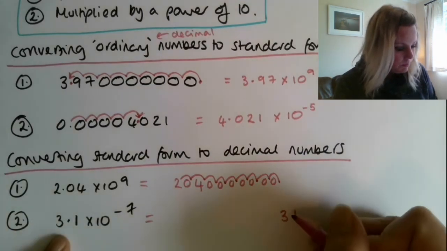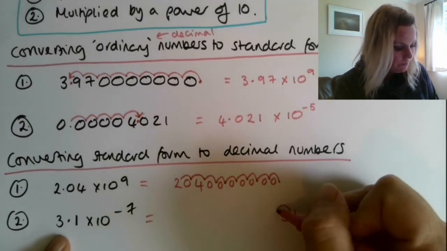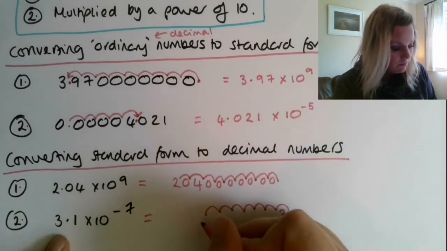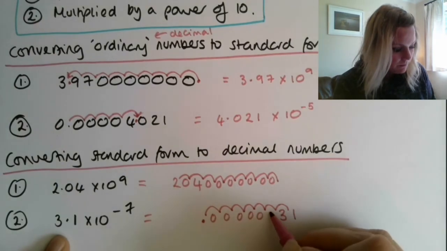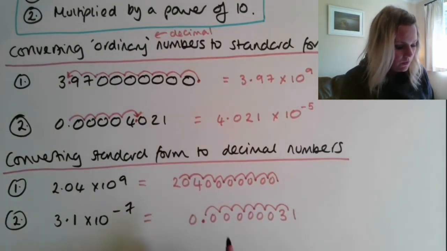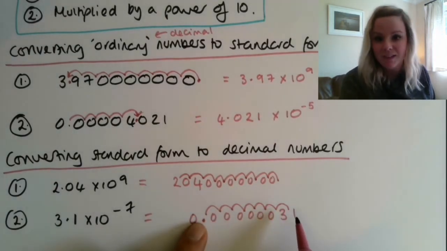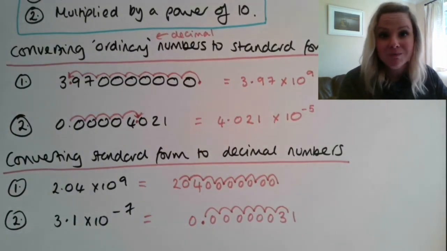So my decimal point was originally here and I have to move it 7 places, so 1, 2, 3, 4, 5, 6, 7. It's going to be here, and put my zeros in. So check it. 1, 2, 3, 4, 5, 6, 7. That's me, happy enough. Okay, so that is standard form. See you next one.